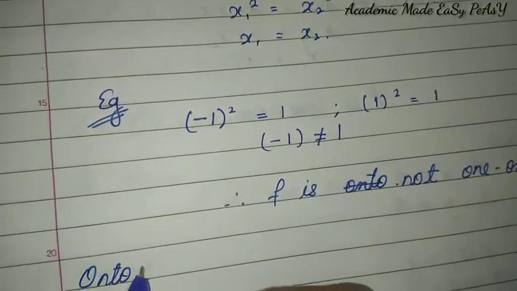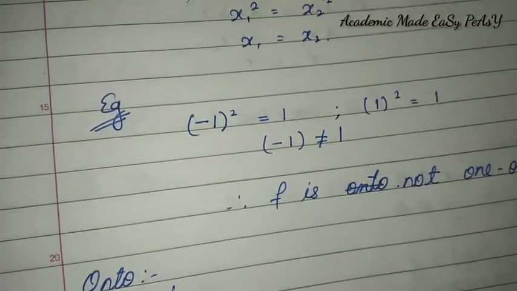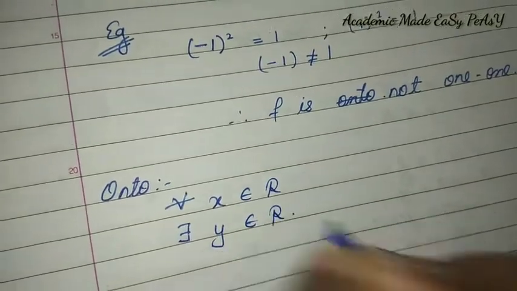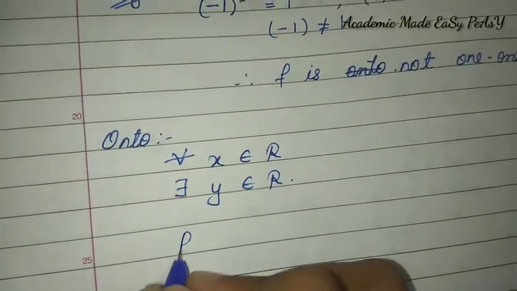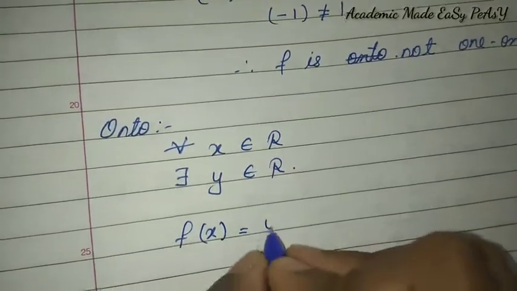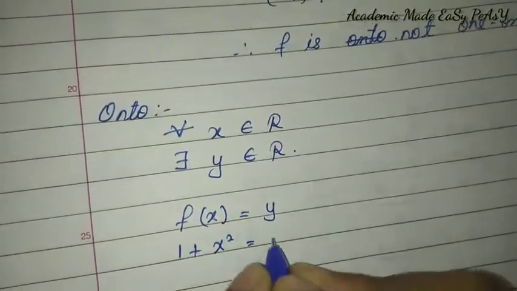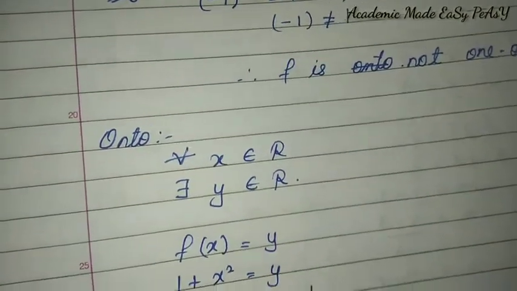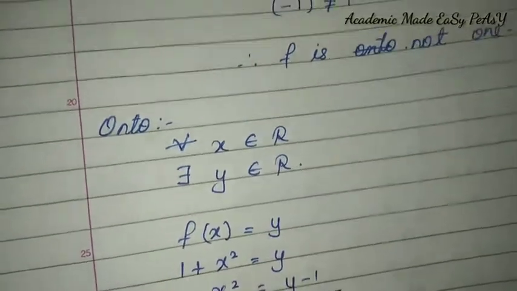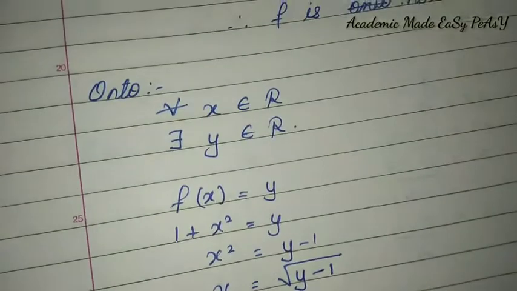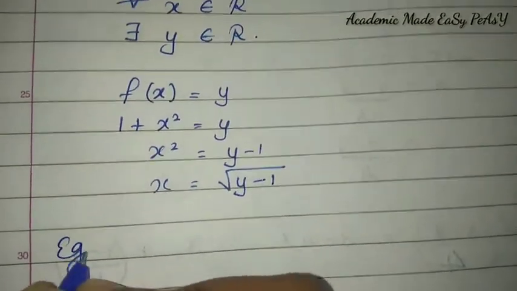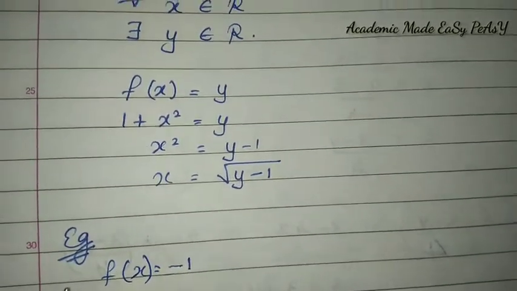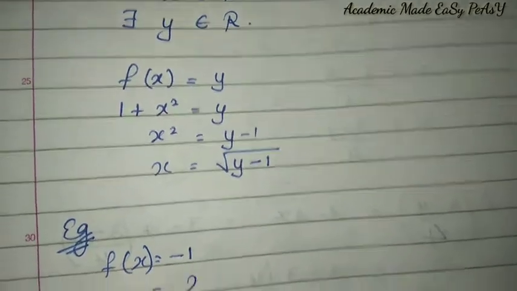Next, onto. For every x belonging to R, there exists y belonging to R. So f of x is equal to y. So 1 plus x square is equal to y. So x square is equal to y minus 1. x is equal to root of y minus 1. So when we take, for example, f of x is equal to minus 1, then we will get the answer as 2, isn't it?